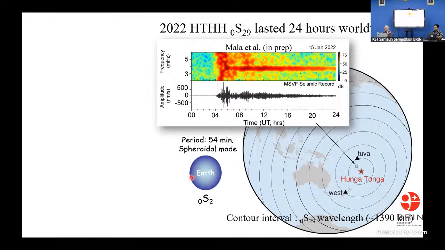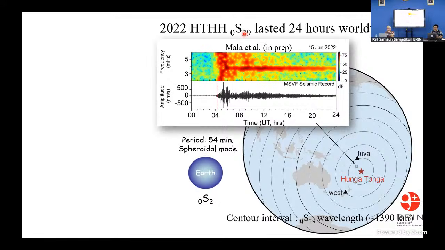And this particular mode, 0S29, in the solid Earth has the same frequency as the atmospheric mode. So there is a resonance between the solid Earth and the atmosphere.